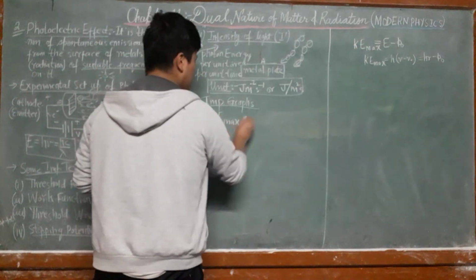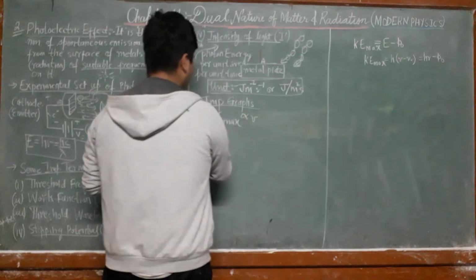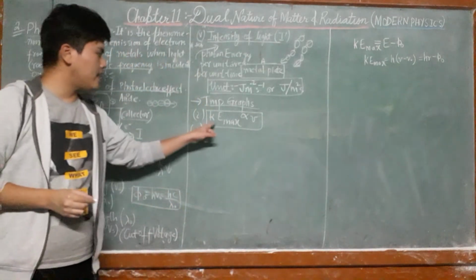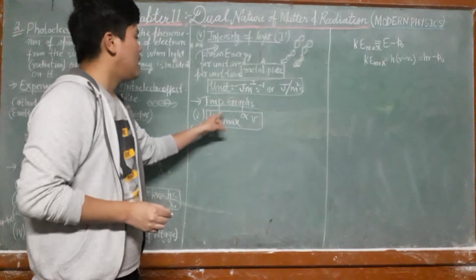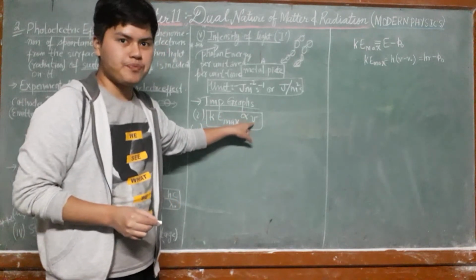Kinetic energy is directly proportional to nu. You can write it as: the kinetic energy of emitted photoelectrons is directly proportional to the frequency of incident radiation.